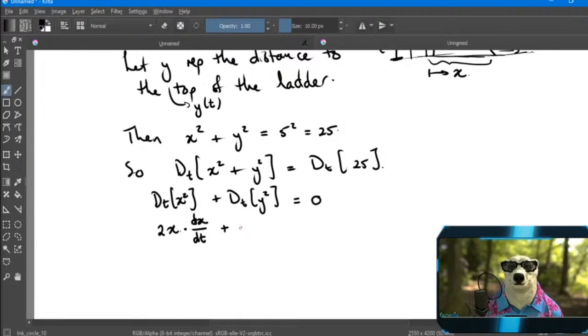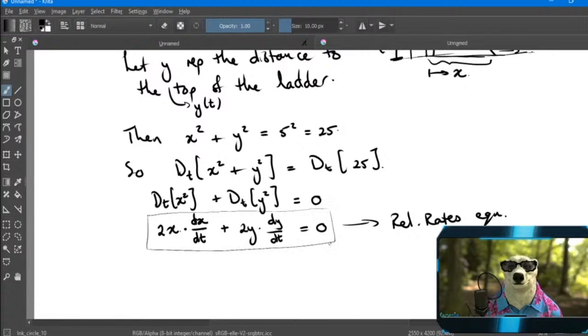So I have the derivative of the outside function times the derivative of the inside function. And of course, the other side is 0. There is my related rates equation again. So now let's put a box around this one because this is now what we're going to use.